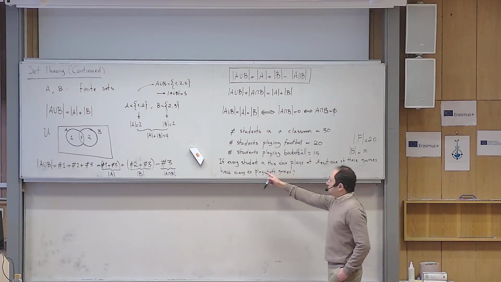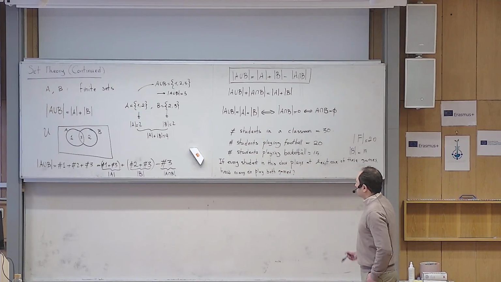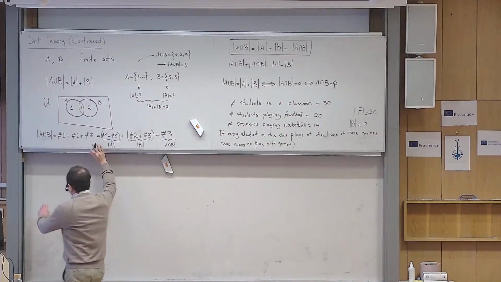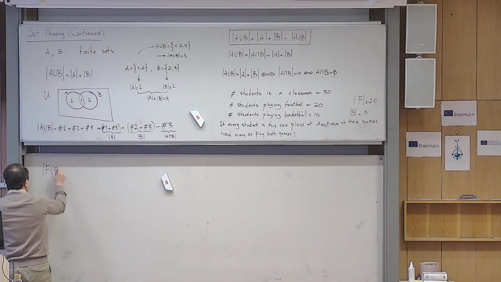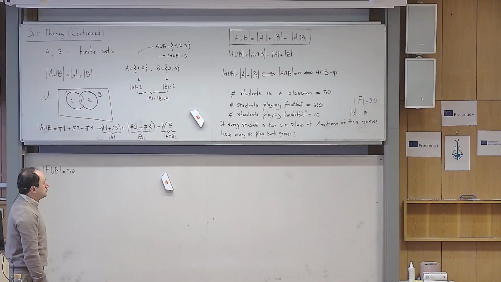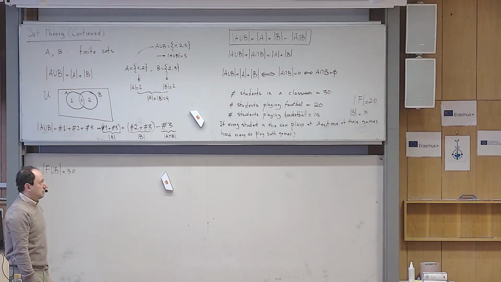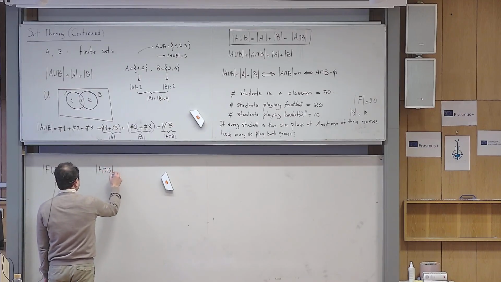Because of this piece of information, every student in this class plays at least one of these games. So this means that the cardinality of F union B is 30. And then we are supposed to find the number of students playing both games. So it means that I want to see how many of them are members of both of these teams. Yes. So I am looking for the cardinality of the intersection.